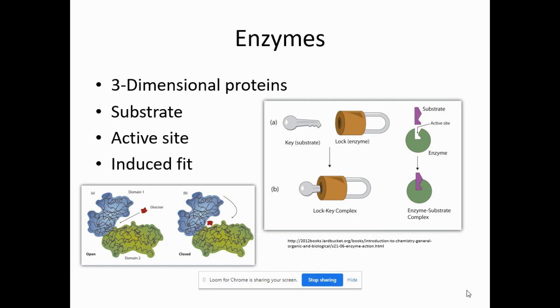And that's this idea of the lock and key theory. Okay, so you have the key and you have the lock, the enzyme. Okay, the substrate's the key. Only the right key substrate will fit into a particular enzyme. All right, and so most enzymes are very specific for the substrates that they work with.